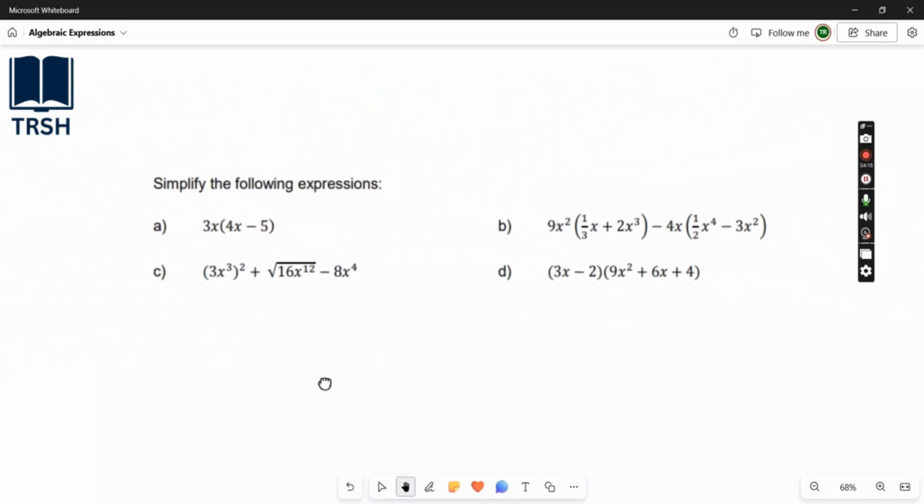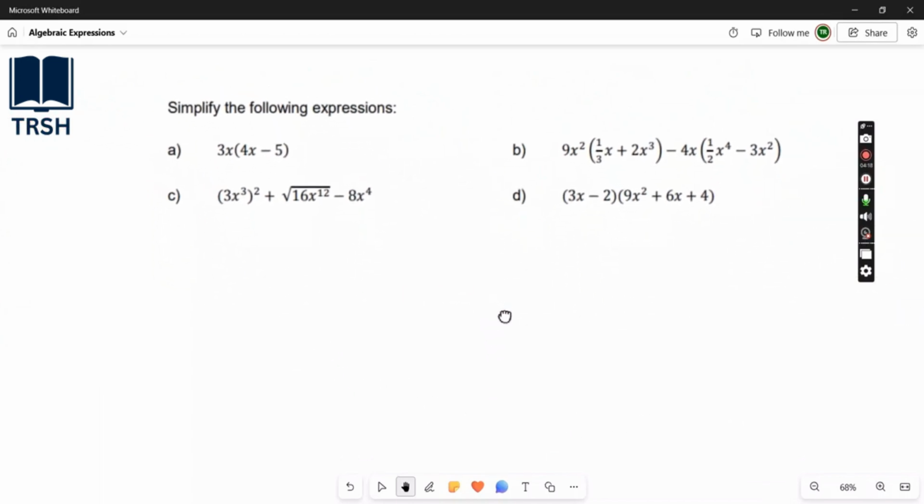If we move on to simplifying, this is one of the things that you'll always see in the exam. They will always say to you, simplify the following expressions. Sometimes they're looking for the value of x, sometimes they just want you to simplify the expression. Let me correct myself.